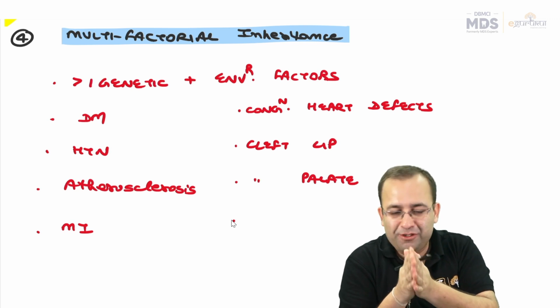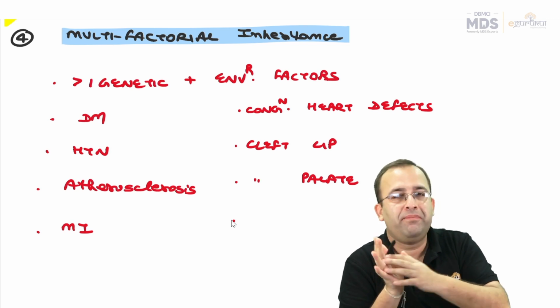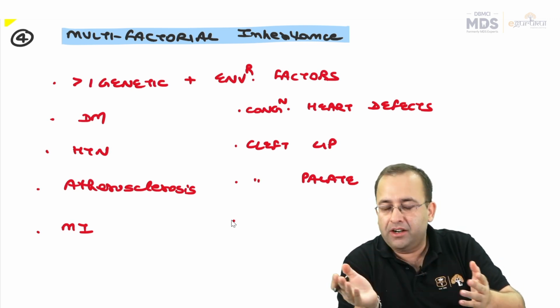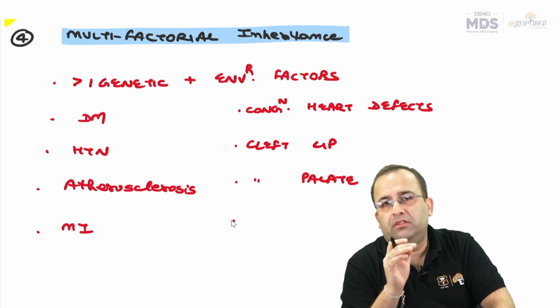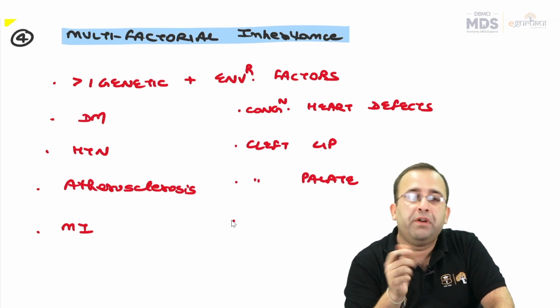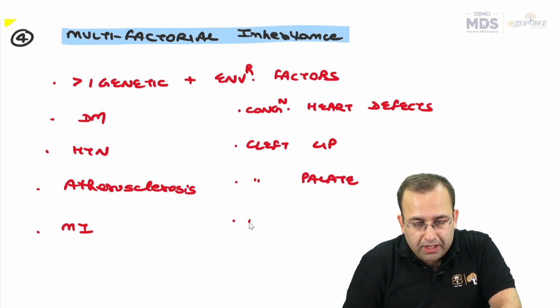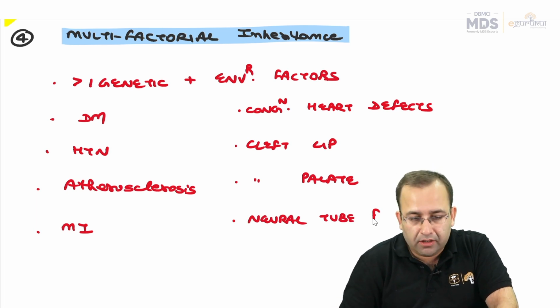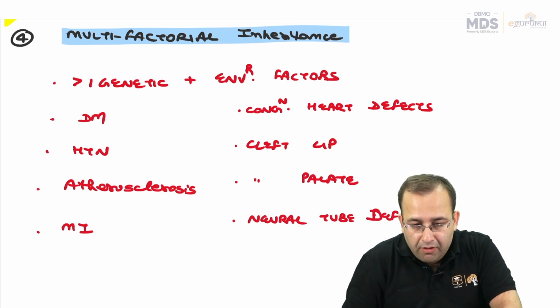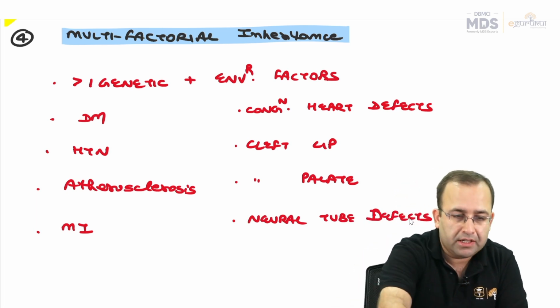You find a nice guy, you find your soulmate and you are planning to marry him. Which tablet will you take before pregnancy? Folic acid, to prevent neural tube defects. So neural tube defects are prevented by the intake of folic acid. Which are the main neural tube defects?